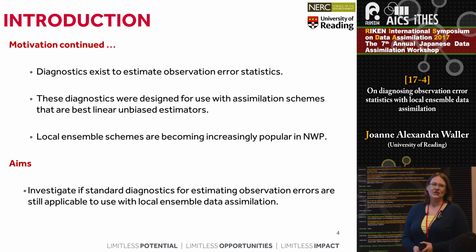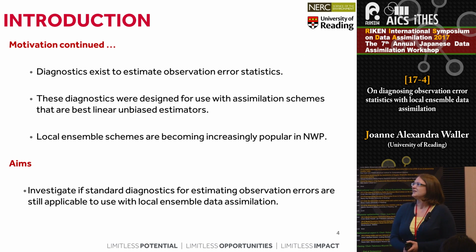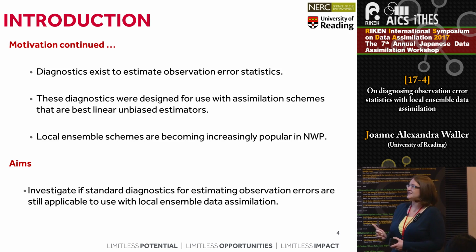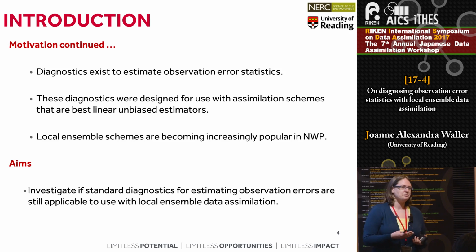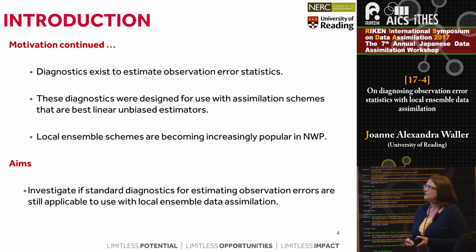Okay. So these de Rosier diagnostics do exist to estimate observation error statistics. But they don't just exist for that; there's also a set of 4 diagnostics that allow you to estimate background errors, analysis errors, or innovation error statistics.